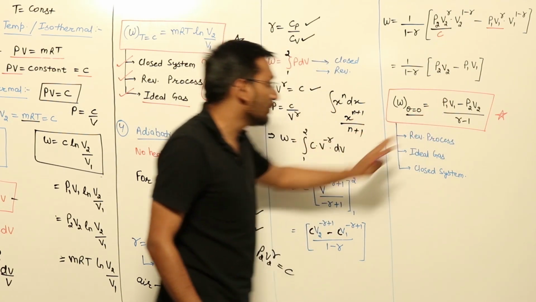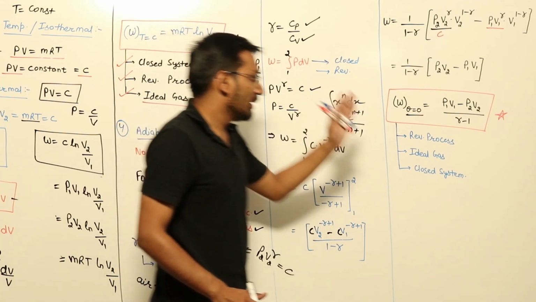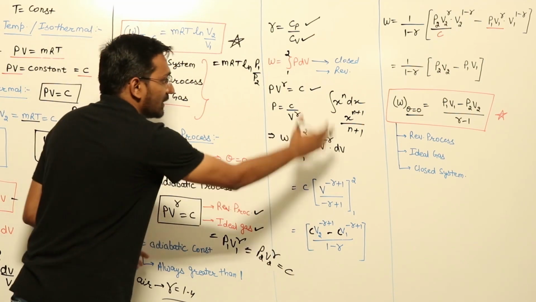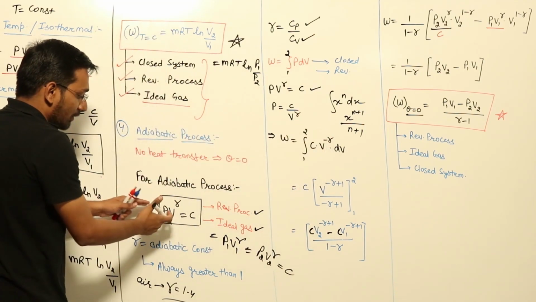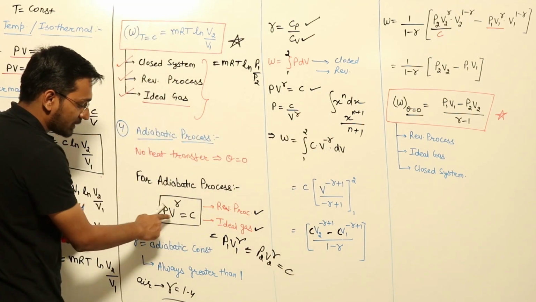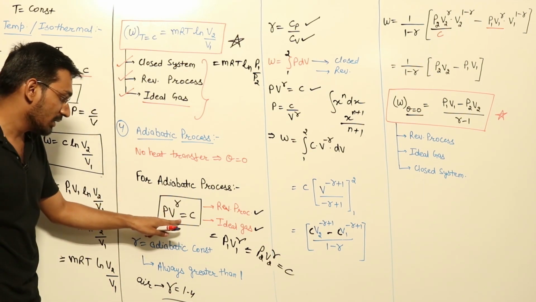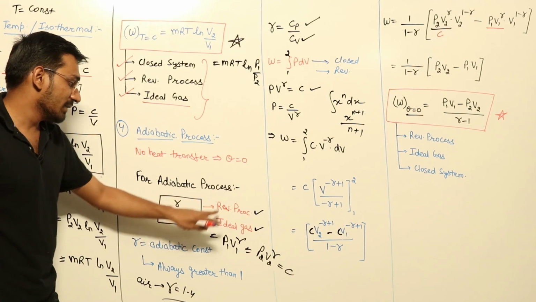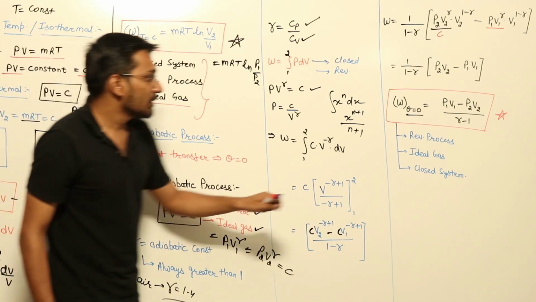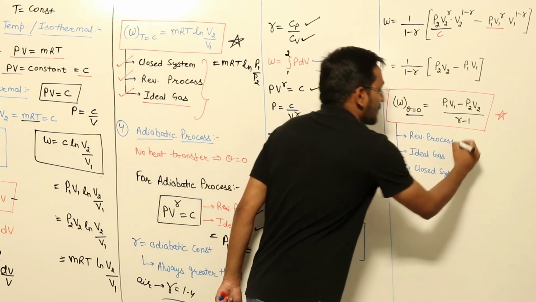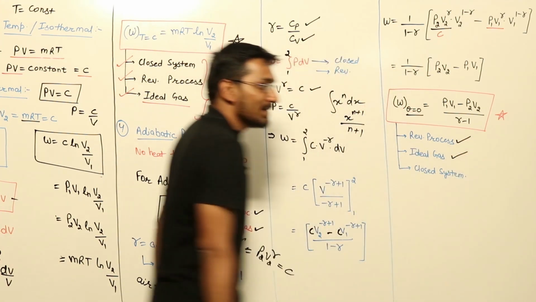The assumptions of using this work transfer, we are taking this derivation. We used first this formula PV raised to power gamma constant. For this, two assumptions: reversible process, ideal gas. So using this formula, the assumptions must be reversible and ideal gas.